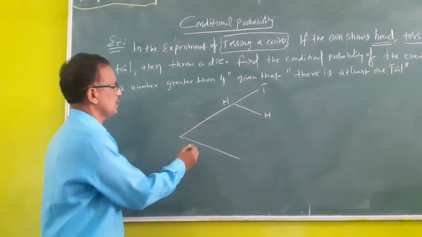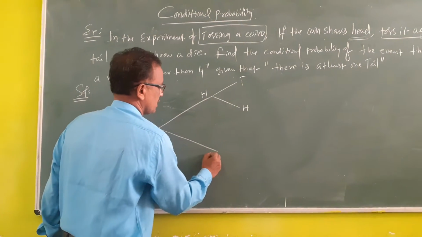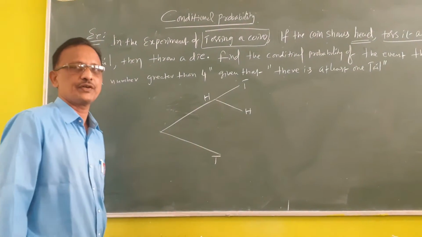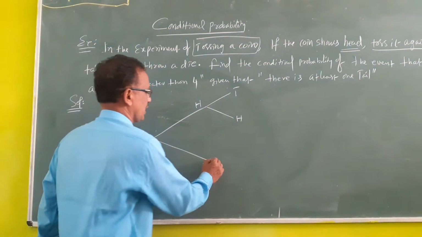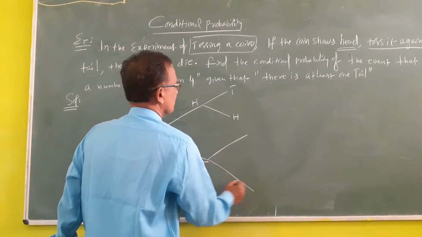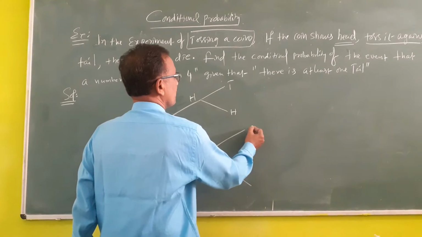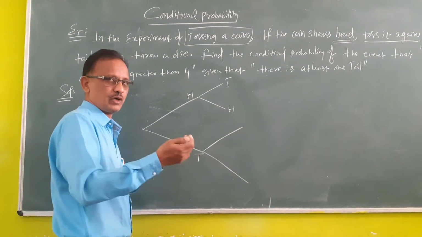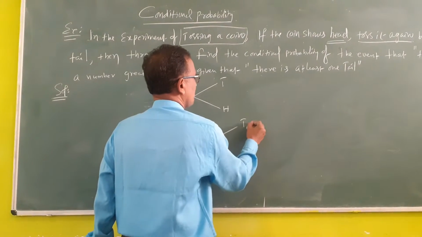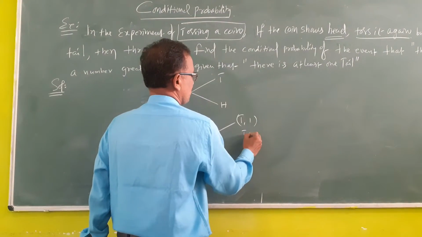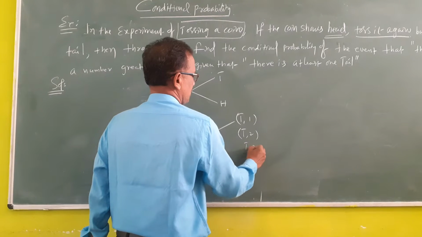So if it shows tail, then what do we have to do? Throw a die. If you throw a die, what can we get? 1, 2, 3, 4, 5, 6. So T1, T2, T3, T4, T5, T6.